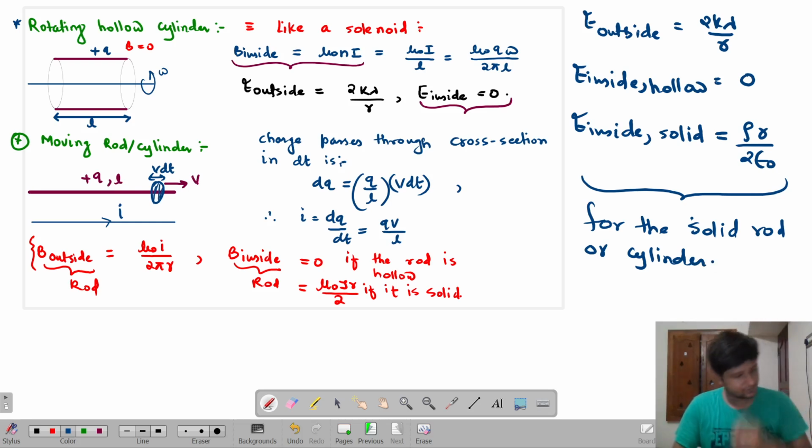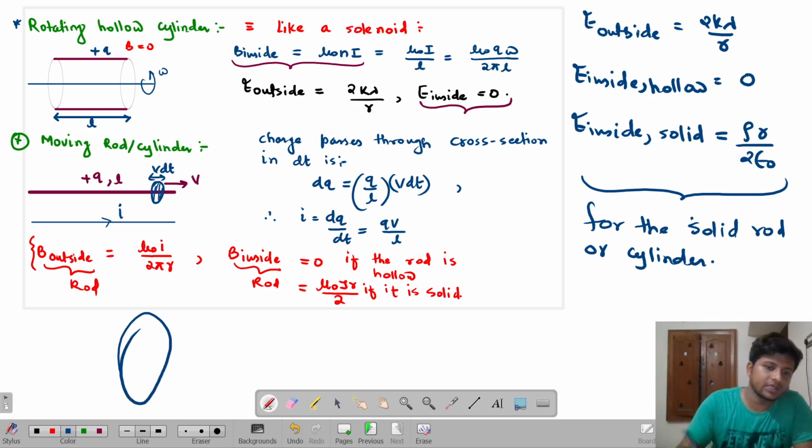Right, let it pass. One minute. If you have a doubt, you ask me. Check once, so many things we have done. Please check once. Yes, because it is not rotating.